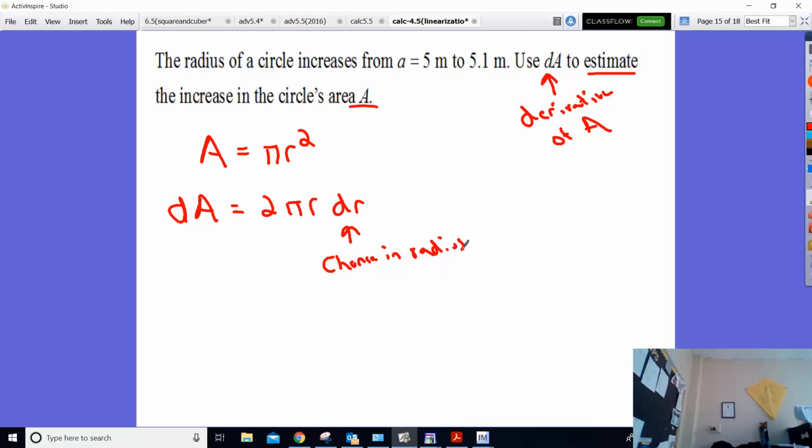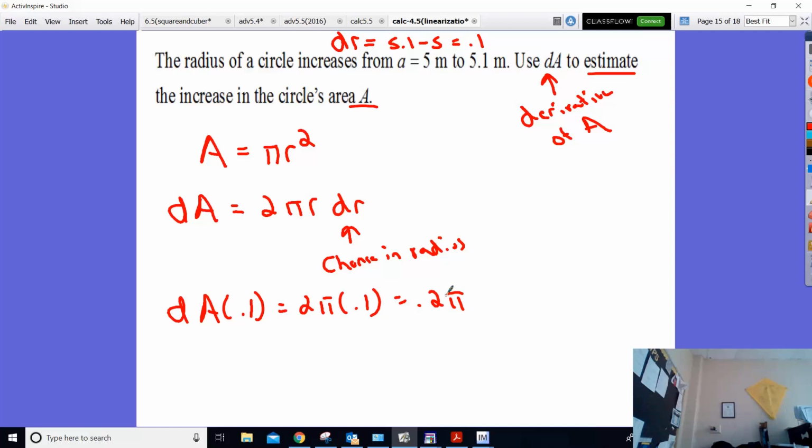All right, so we're supposed to use dA to estimate the increase in the circle's area. What was the change in radius? 0.1. The dr is 5.1 minus 5, which is 1/10. So the estimate, dA at 0.1, is 2 pi times 0.1, which is 0.2 pi.